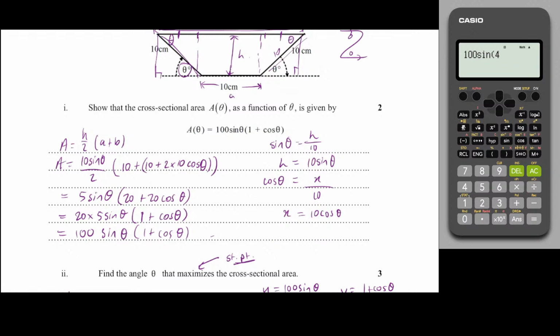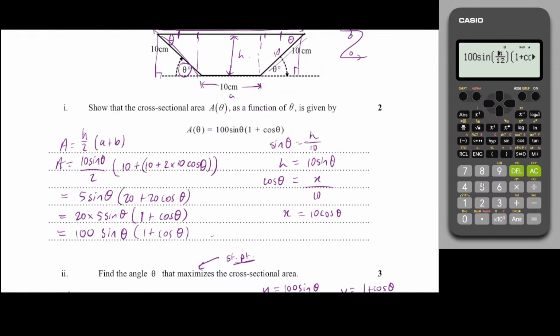So 4 pi on 12, close it off, then it's 1 plus cos 4 pi on 12, so it's equal to about 3.6.